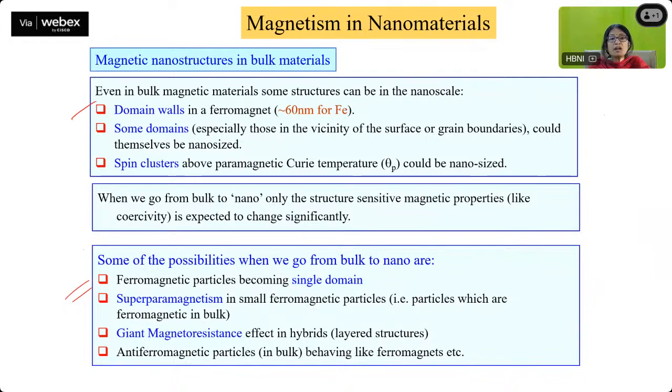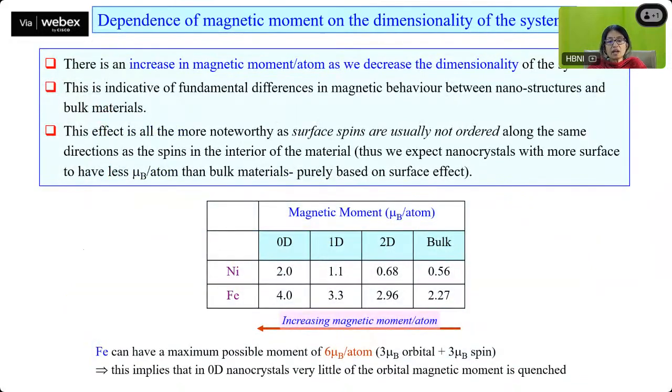Then you see superparamagnetism in small ferromagnetic particles, that is, particles which are ferromagnetic in bulk. Then you see giant magnetoresistance effects in hybrid or layered structures. Or you can have antiferromagnetic particles in bulk which behave like ferromagnets when they go from bulk to the nano form. So what is this dependence of magnetic moment on the dimensionality of the system?